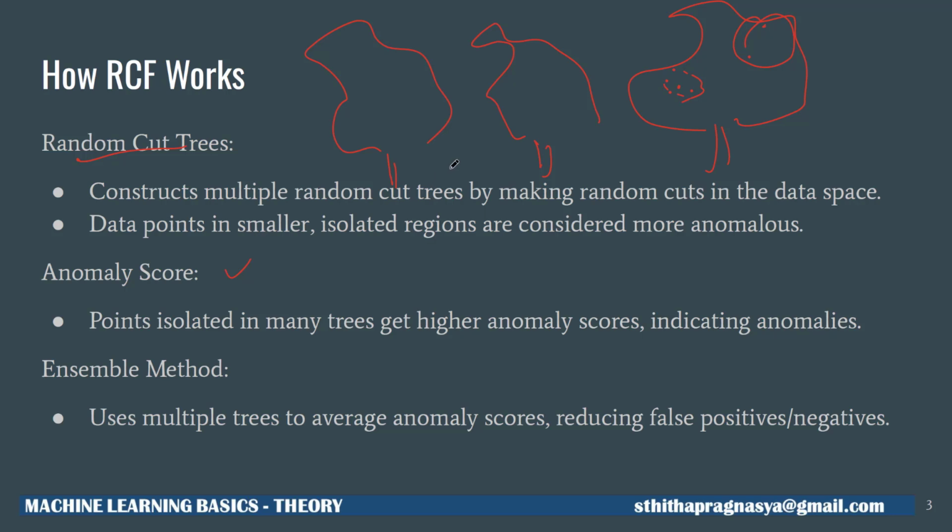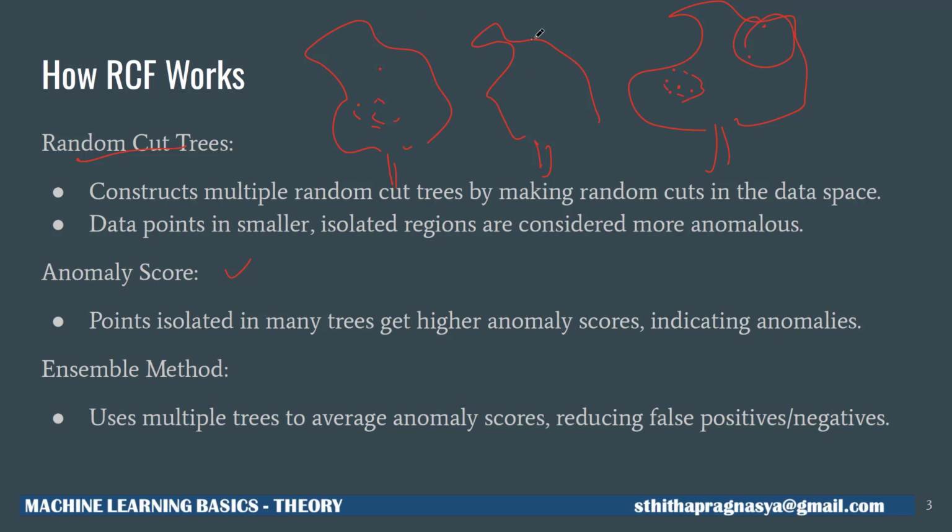When we come to a real-time example, you will understand what a particular tree or data space is considered as. But assume you have this, and in this tree it is isolated maybe, but here it is not that much, here it is not that much, correct? So points isolated by random cuts in many trees will have higher anomaly scores.